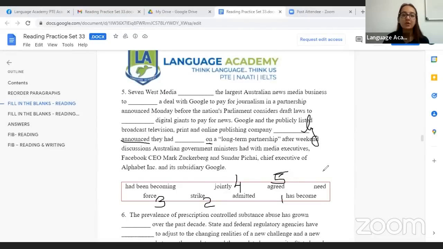Unique is different from others and specific means fixed. Stark difference is the collocation. Means clear difference, obvious difference. Admitted in is also fine, like admitted in the hospital. Admitted to the university. So in and to both can come.